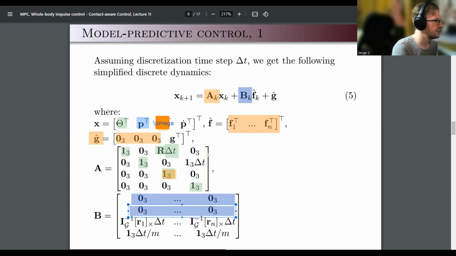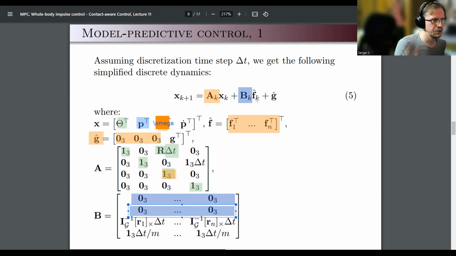They indicate that the next orientation and next position of the center of mass are both not influenced by the reaction forces, since it is reaction forces that are multiplied by B. So that makes perfect sense, right? Forces do not influence position.